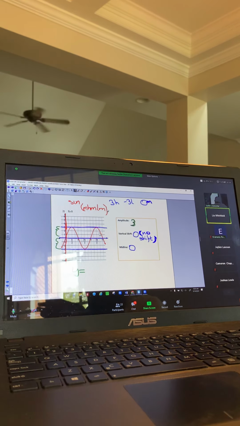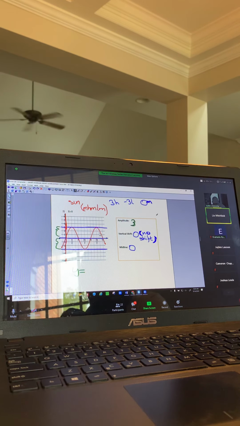How can you tell again? If I start at this line, this point compared to this has to be the middle. You agree? Yes. And we learned last week that sine starts middle, high, middle, low.